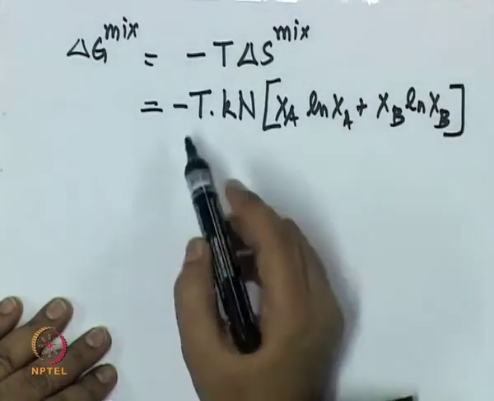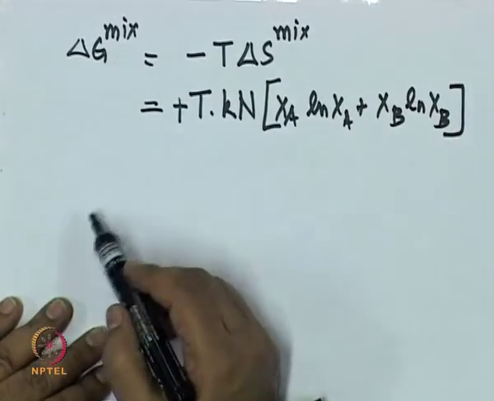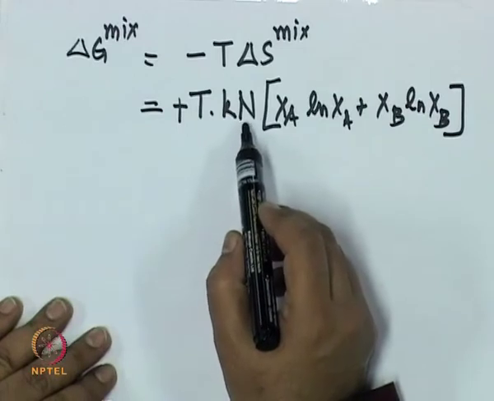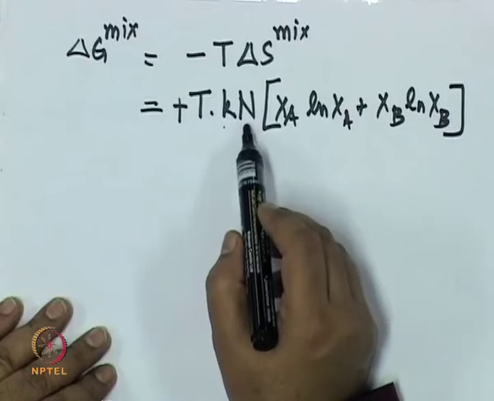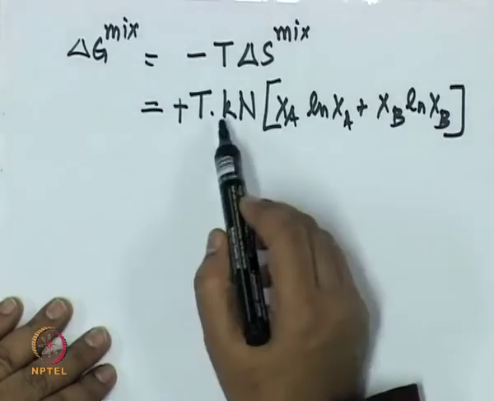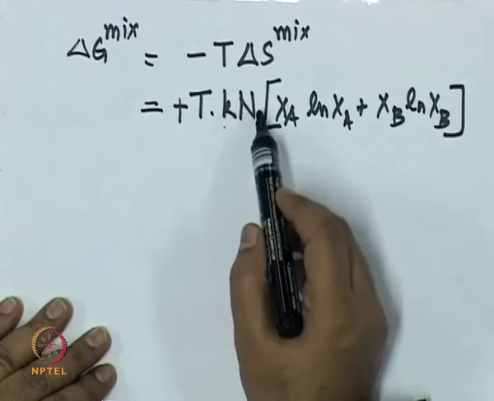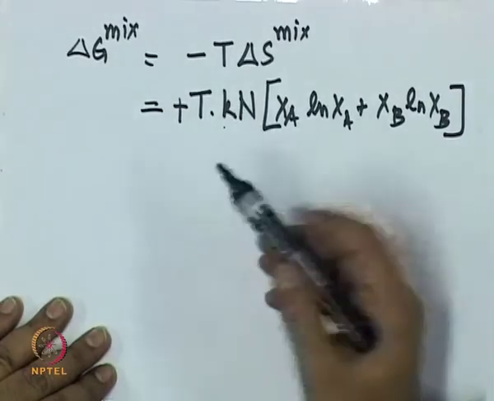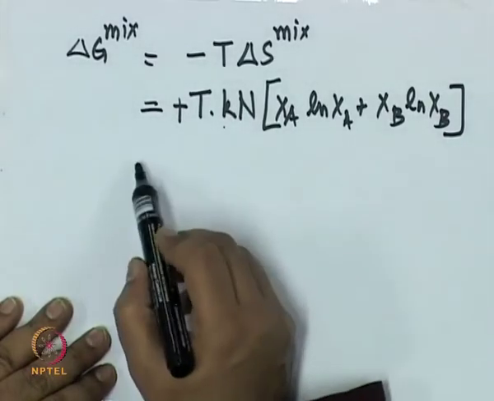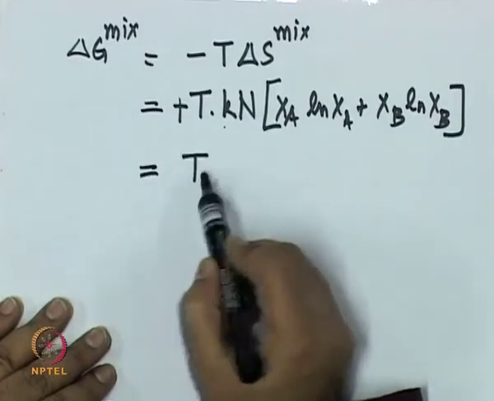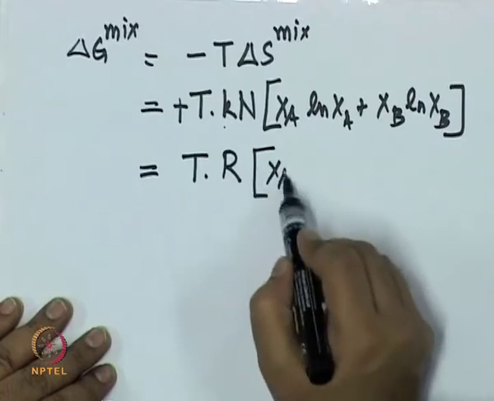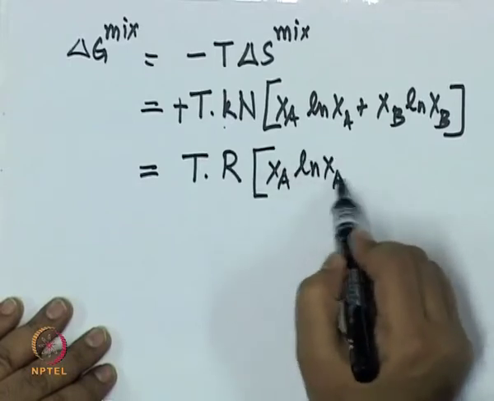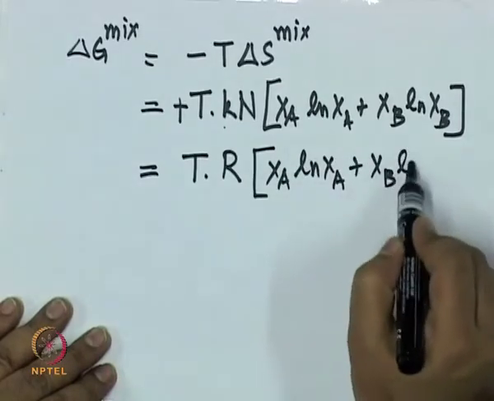Remember, there was a negative sign, so this becomes plus. If you assume that this n is the Avogadro number, k is the Boltzmann constant times Avogadro number. So, if you consider this quantity n as 1 mole, then you have T times R, which is the universal gas constant, times xA log xA plus xB log xB.